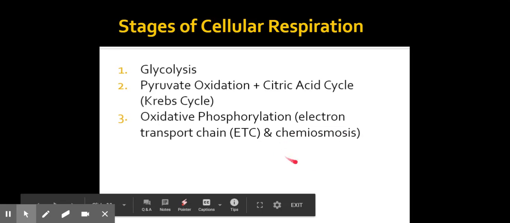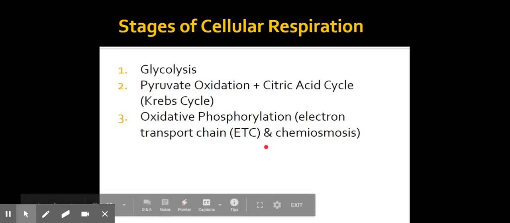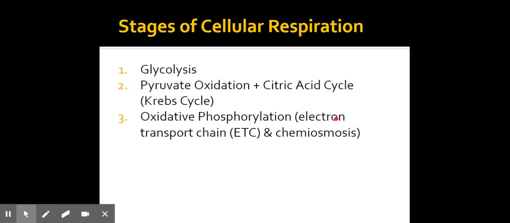And this is where 90% of the ATP is going to be generated in the oxidative phosphorylation step of cell respiration. So we'll see lots of similarities to what we saw with chemiosmosis, ATP synthase, electron transport chain, that sort of thing, in the next coming videos.